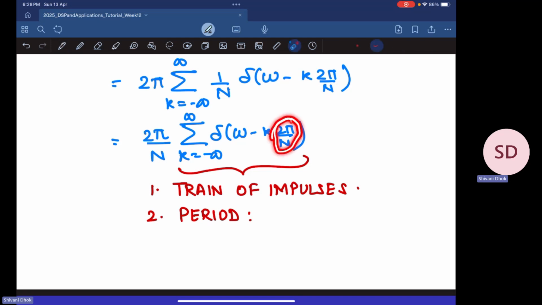It is located at every integer multiple of 2 pi by N. At every integer multiple of 2 pi by N, an impulse is located. So therefore its period is 2 pi by N. So now what did we see? We saw that a train of impulses with period N has a DTFT again as a train of impulses in the frequency domain with period 2 pi by N.